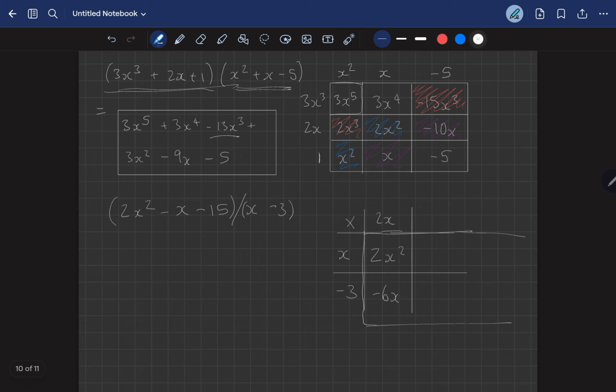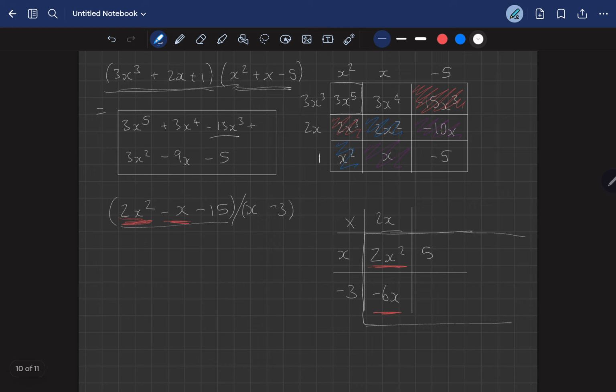Okay? And remember, whatever is inside this grid should be equal to this term right here. So we already got the 2x squared from here. Now we've got a negative 6x inside the grid. But we don't want negative 6x. We want just negative x. So we have to add 5x.